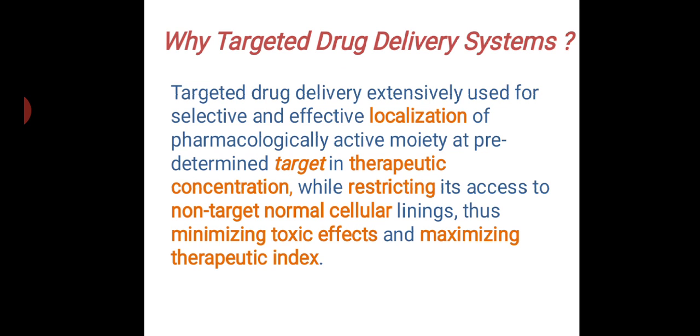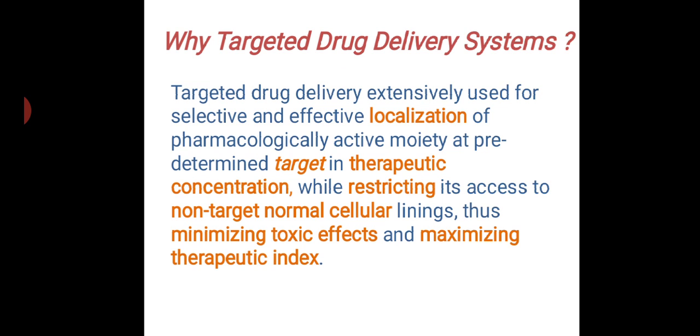Whichever is the target cell of this disease, this carrier or delivery system helps to localize the drug molecule near the particular target. It directly localizes the drug molecule into the environment of the target cells. So this delivery system increases the therapeutic concentration of the drug in this particular environment, the environment of the target cell.